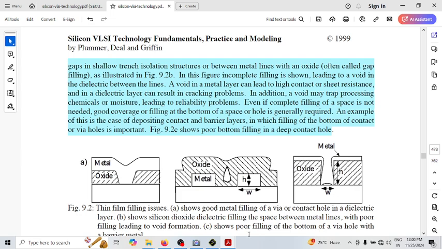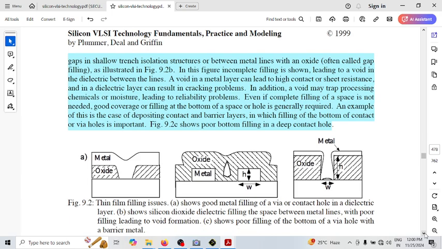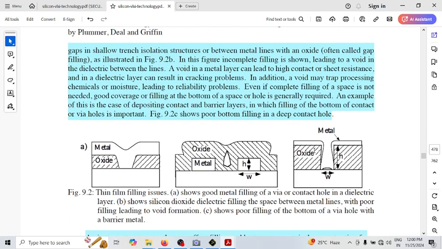And the third one shows a poor filling of the bottom of the via with a barrier metal. You can see you have an oxide here and an oxide here. Of course you're supposed to cover this entire thing, but since this width is small, whenever you're depositing something, it is not covering.